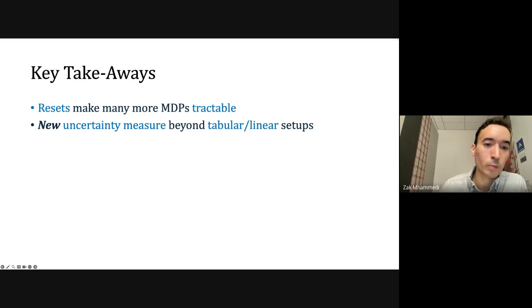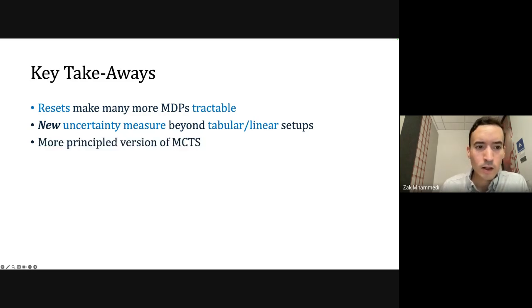This is very important, because if you want to generalize algorithms like AlphaGo beyond the tabular and linear setups, this gives something that's provably working beyond these settings. And you can think of RVFS as a more principled version of MCTS, if you like.